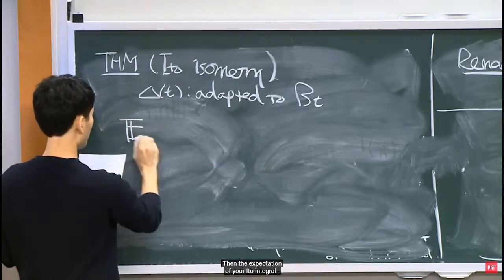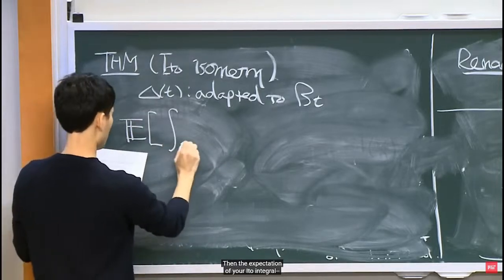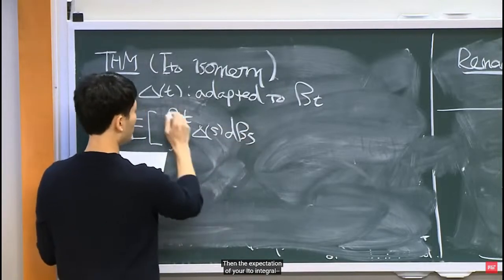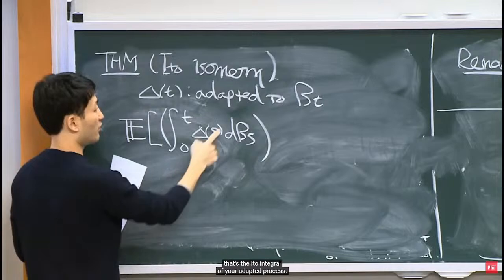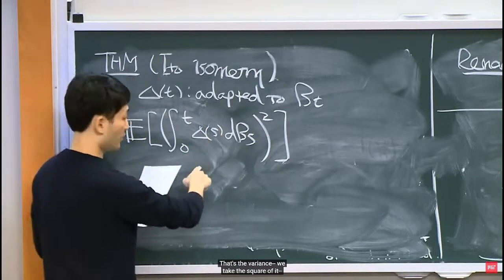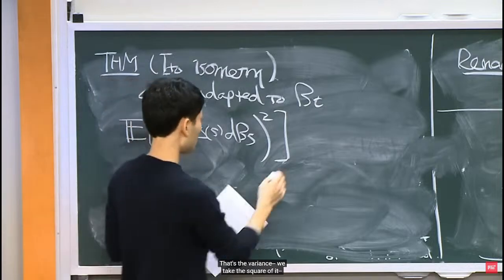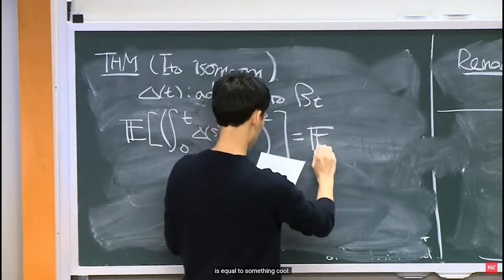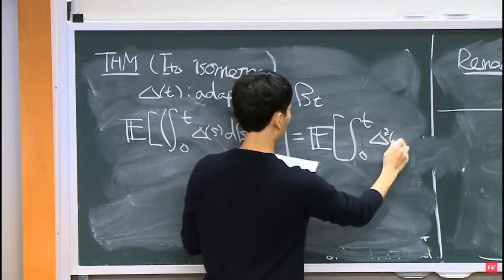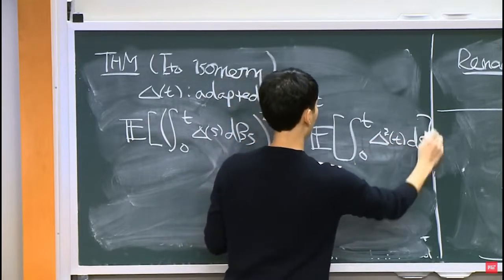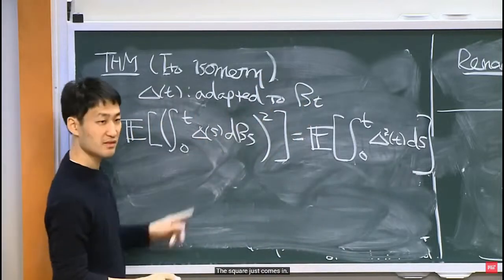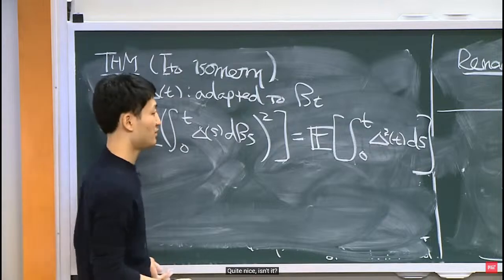Then the expectation of the square of your Ito integral of the adapted process, that's the variance, is equal to something cool. Your square just comes in. Quite nice, isn't it?